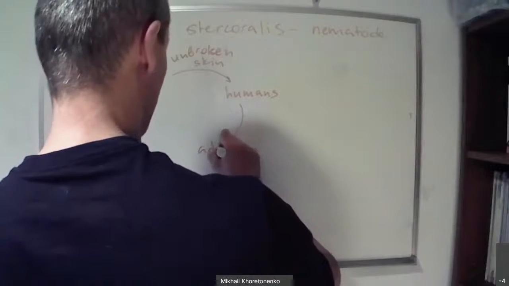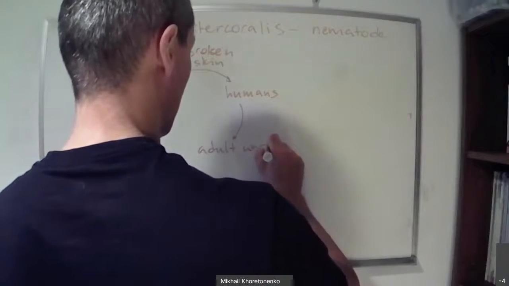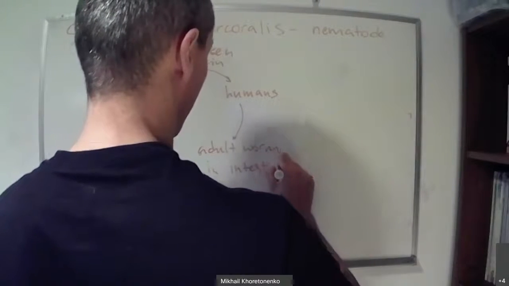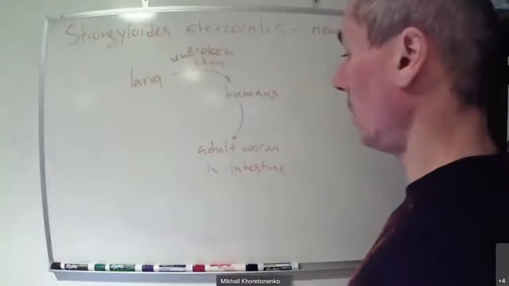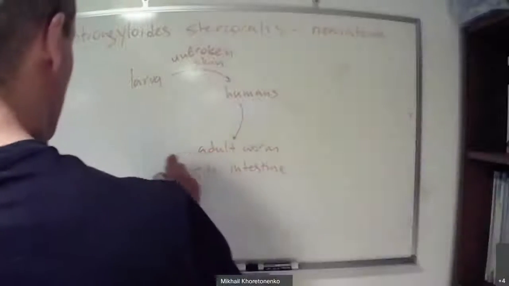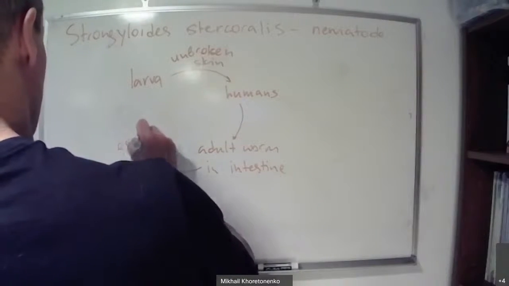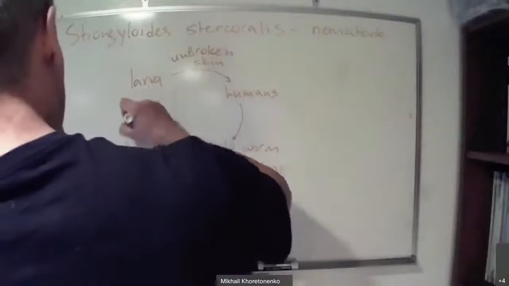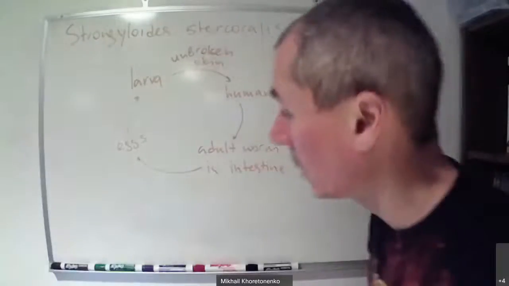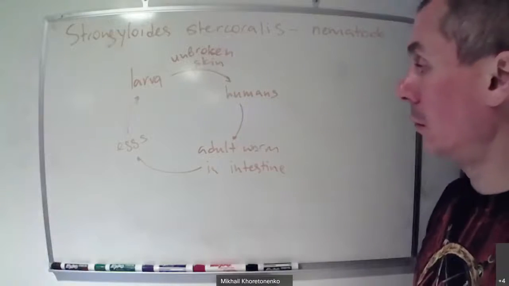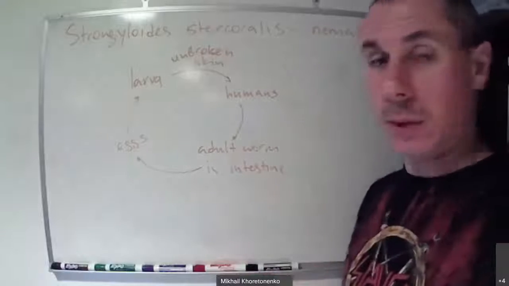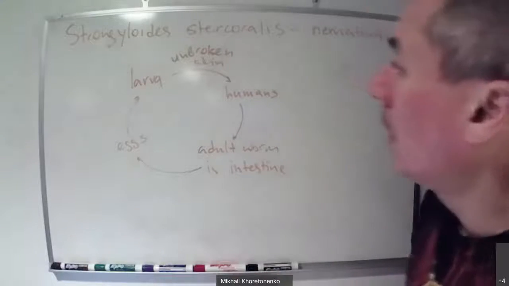So, the adult worm in the intestine will shed eggs into the environment, and eggs will develop into a larva. Now, look at this. First of all, humans here are definitive and intermediate hosts, just mentioning it.